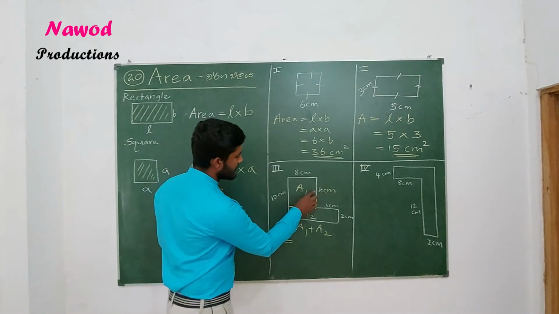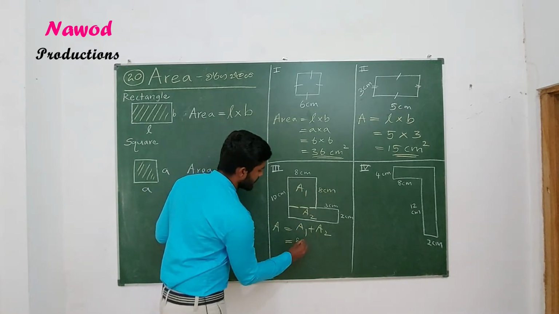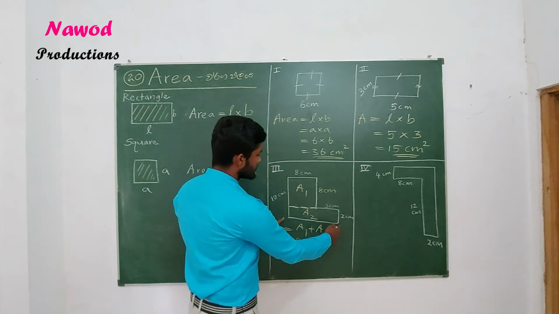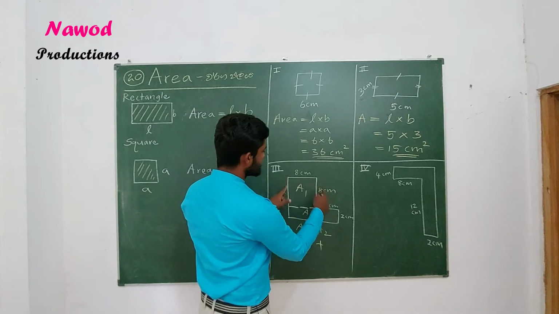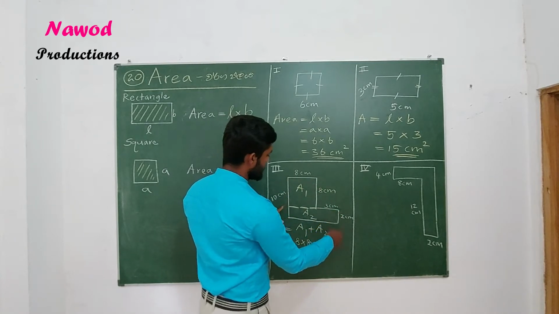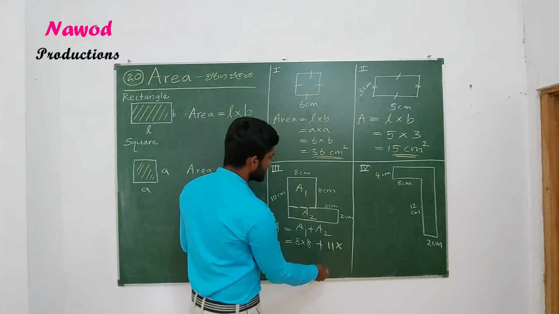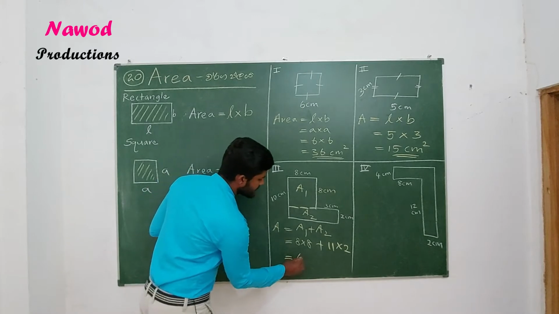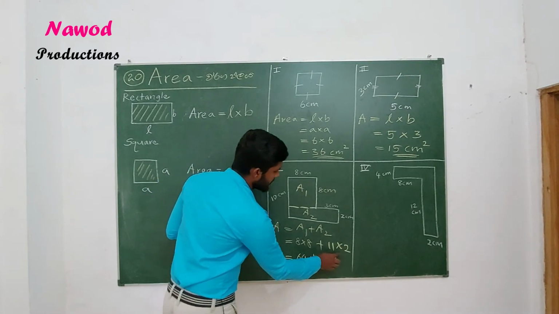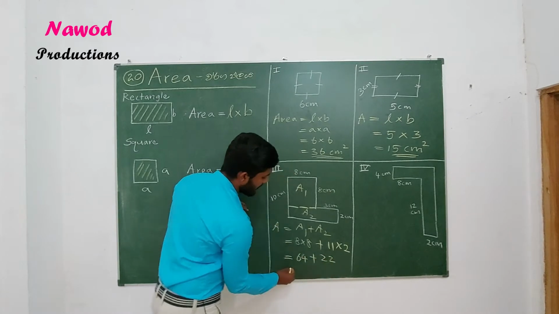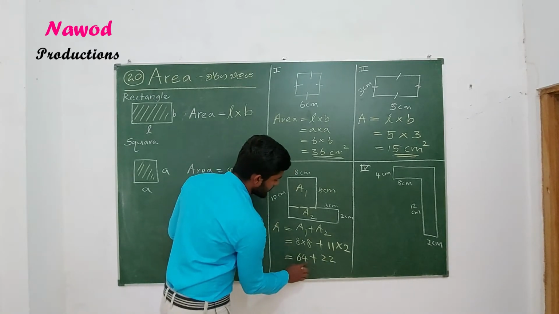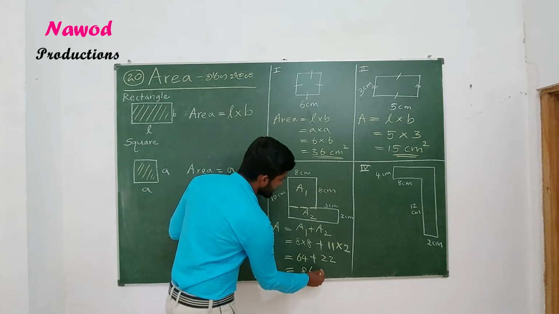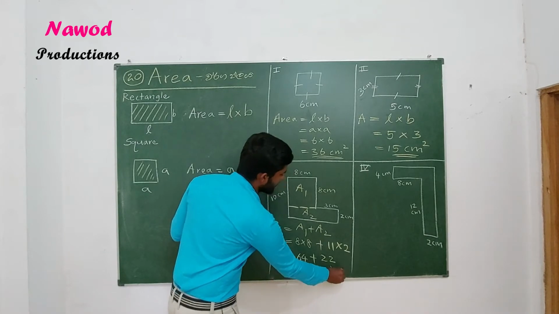A1 equals 8 into 8, plus A2 equals, this total length is 8 plus 3, 11, length into breadth, 11 into 2. 8 into 8, 64, 11 into 2, 22. Total area is 4 plus 2, 6, 6 plus 2, 8, 86 centimeters squared.